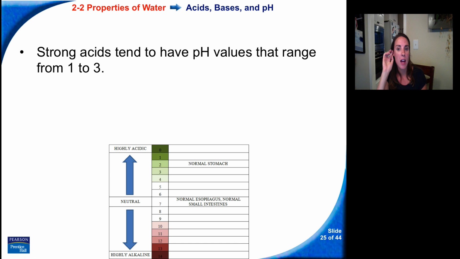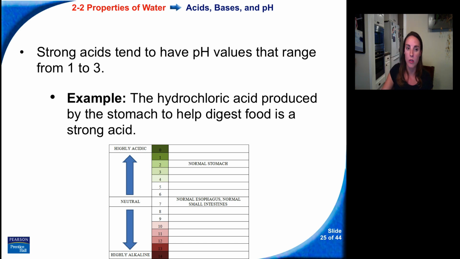Strong acids tend to have pH values that range from 1 to 3. An example is hydrochloric acid, produced by the stomach to help digest food. Normal stomach acid is around a 2. It's generally between a 1 and a 2, and it's very highly acidic. Most other places in your body, like your esophagus and your small intestines, have a neutral pH.